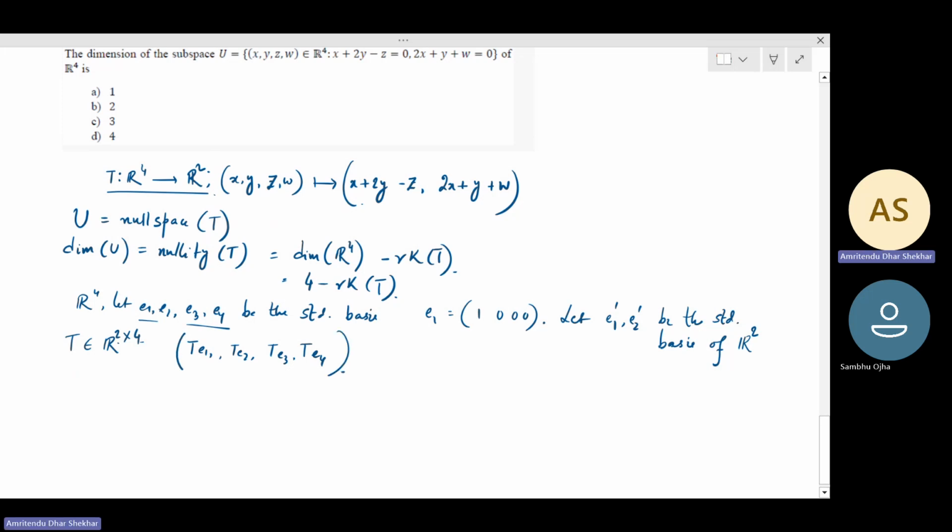This is going to be the matrix corresponding to the linear map T with respect to the aforesaid basis.